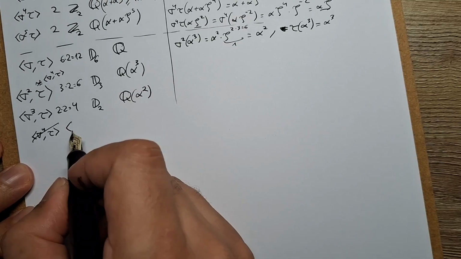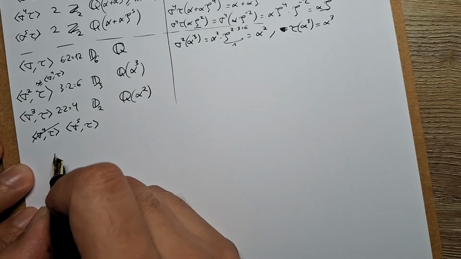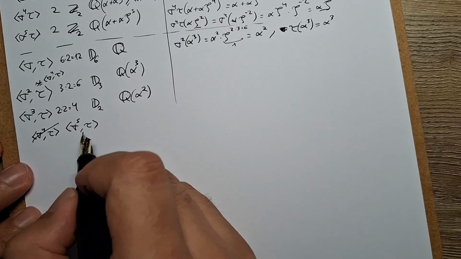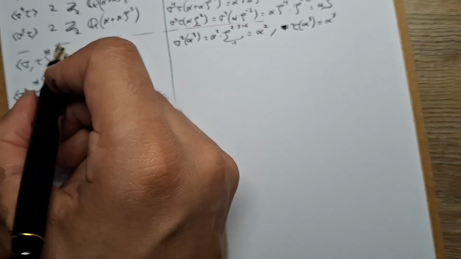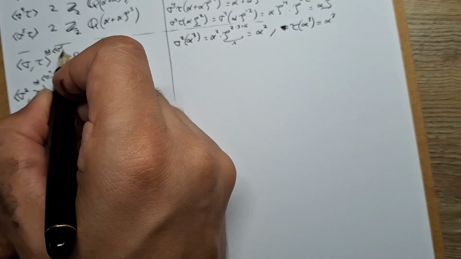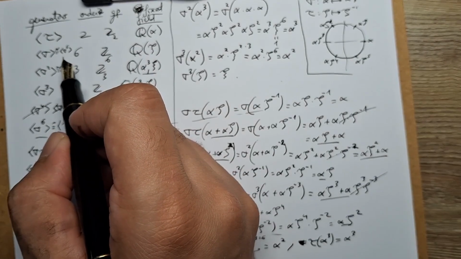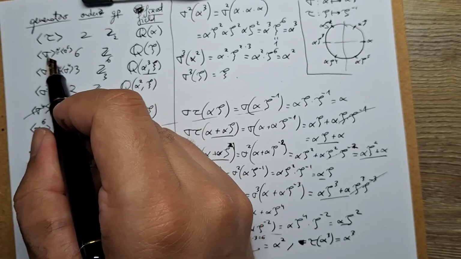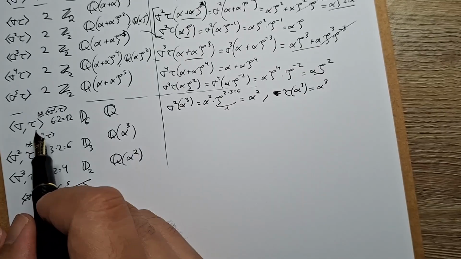And then if you try to do sigma to the 5 combined with tau, this is also something that we already had, which is here. So also this is not a new group. Sigma to the power of 5, we saw before, is the same as just applying sigma but going backwards. So it's what we already have here.